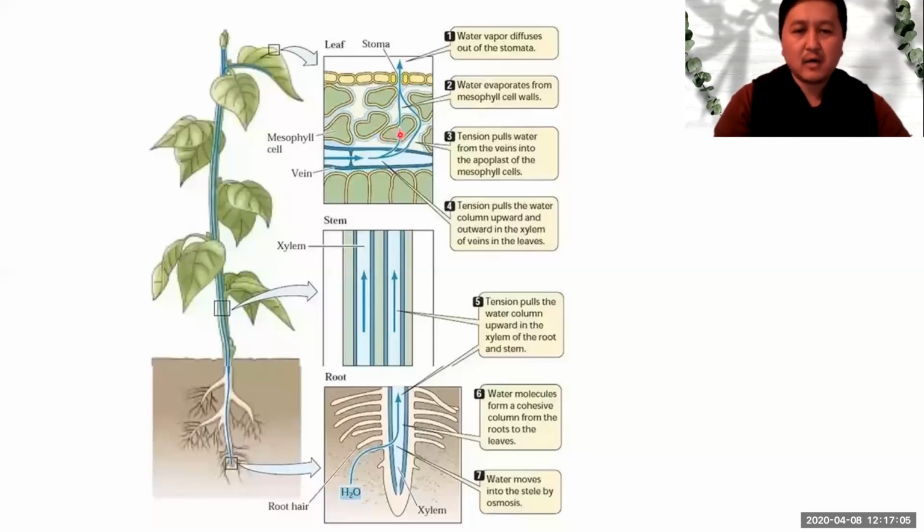This tension pulls the water molecules from the xylem to the cells. Because of this tension, the other water molecules move through the stem to the leaves, and it also pulls water from the root.